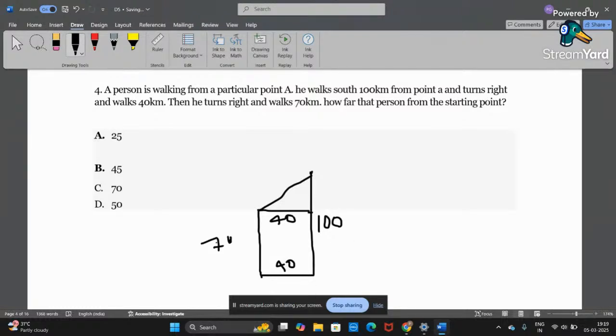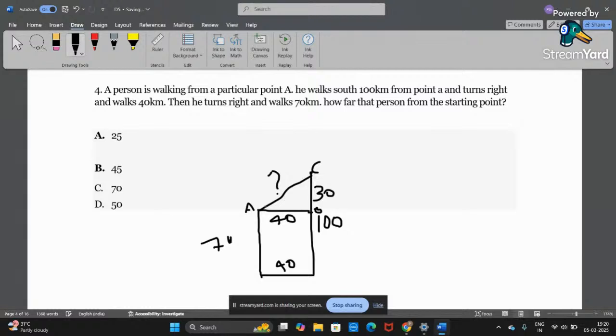Then, from here to here 70, we all know what you have to do to find this answer. 100 minus 70, that is 30. Now we have to find, let's take it as A, B, and here C. We need to find the distance from A to C.